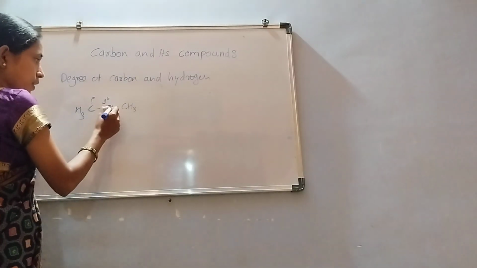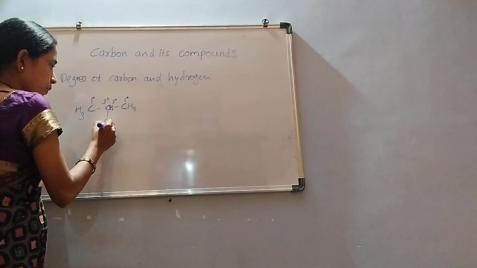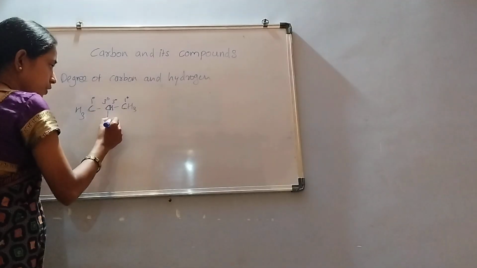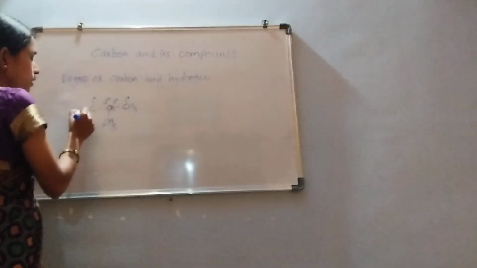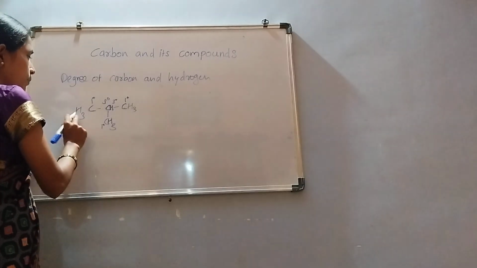The hydrogen along with this tertiary carbon is also a tertiary hydrogen. And this carbon is bonding with only one carbon, so primary carbon. This is also a primary carbon because it is bonding with only one carbon. And these 3 hydrogens on a primary carbon, these 3 hydrogens also on a primary carbon, we call primary hydrogens only.